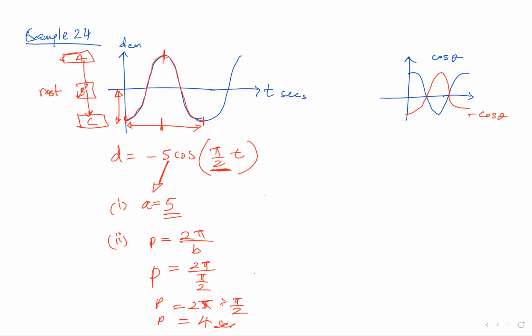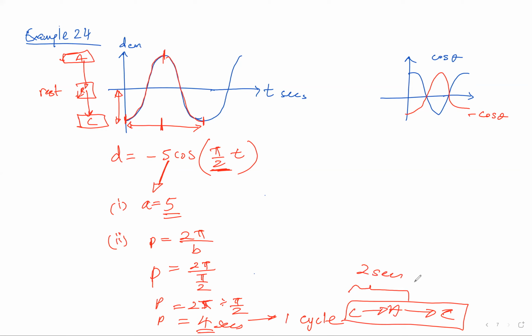It means you have 4 seconds to complete one cycle. That means C to A, back to C is considered one cycle, but now it's only halfway. So just C to A alone will now take how long? 2 seconds. So the answer is just 2 seconds. Are you with me?